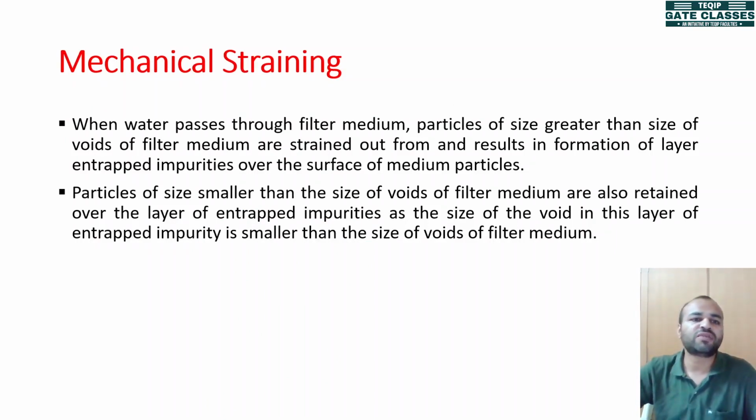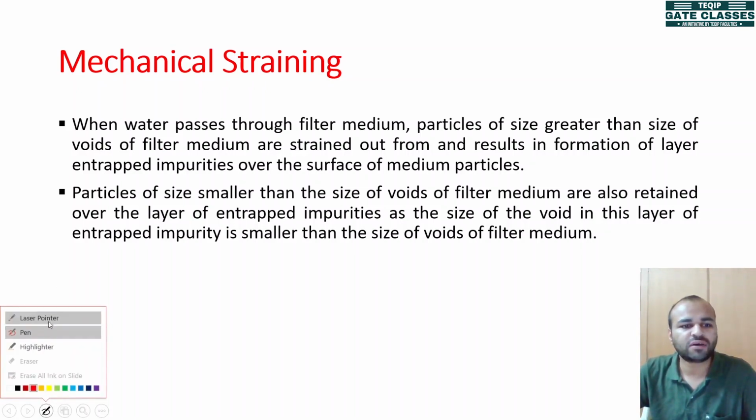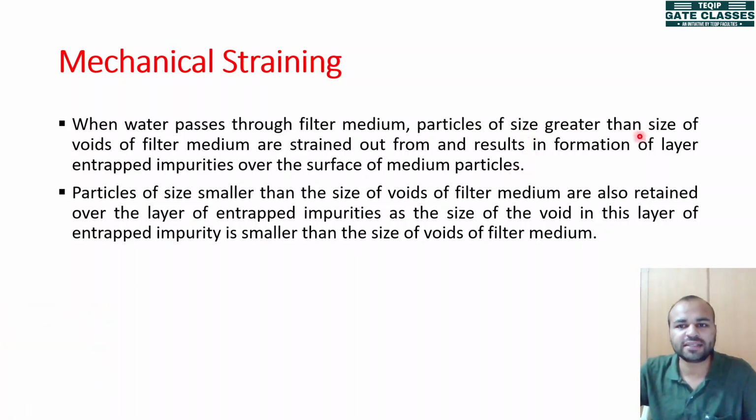Okay, now the first one is mechanical straining. So what do we understand by it? See, what's written here is that when water passes through the filter medium, particles of size greater than the size of voids of filter medium are strained out and result in formation of entrapped impurities over the surface of medium particles.